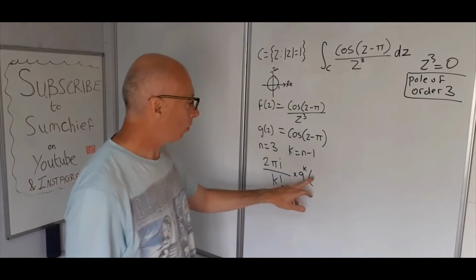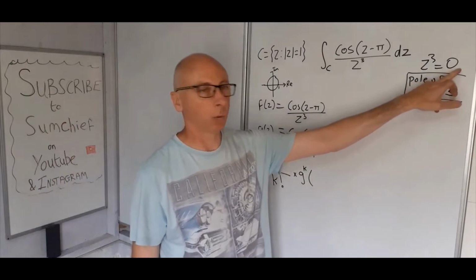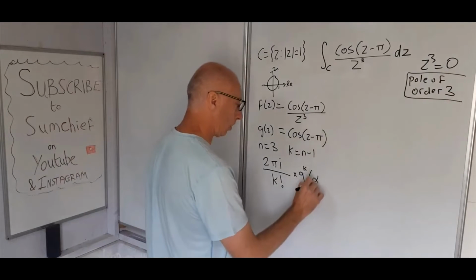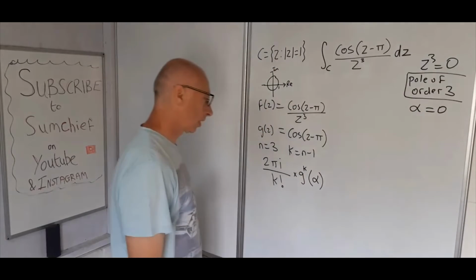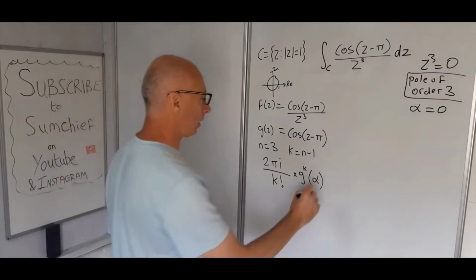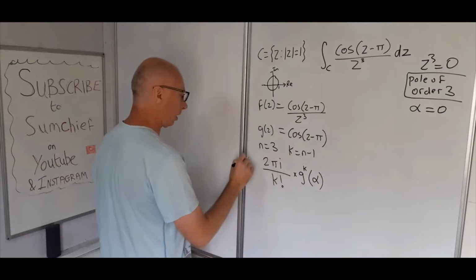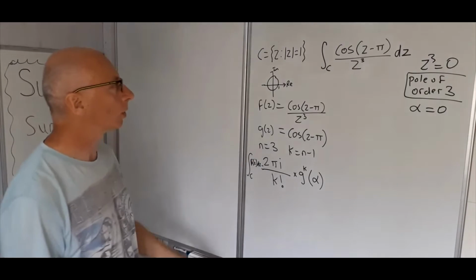And we take the value for this function at our pole, which is 0. So we just call that alpha for now. So alpha equals 0. Okay, and that's our formula, what we want. And then this one, basically this is what the integral on C of f of z dz equals.